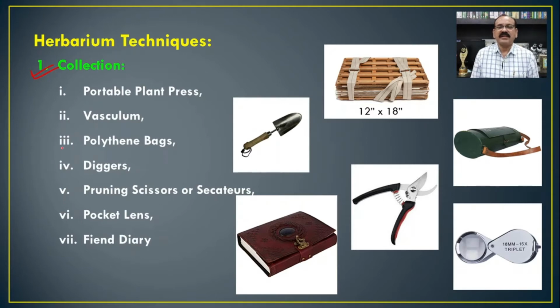Some people are working on a particular family, some people are working on a particular genus, and some are interested in a particular species also. So depending upon the interest of the researchers in the family, genus, or the species, the collection will depend.